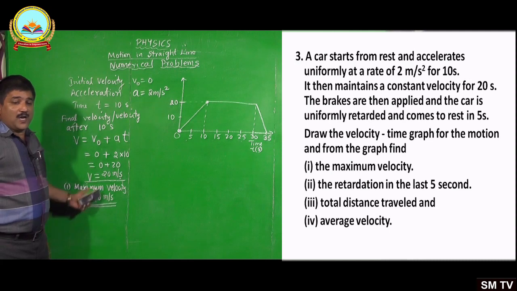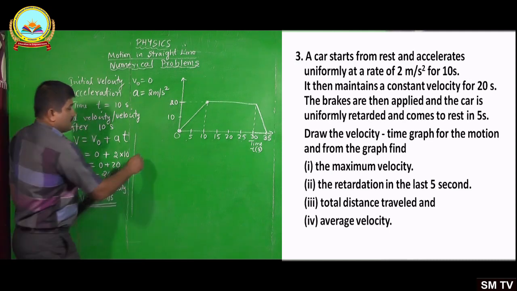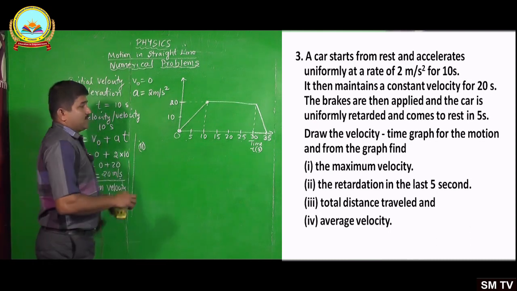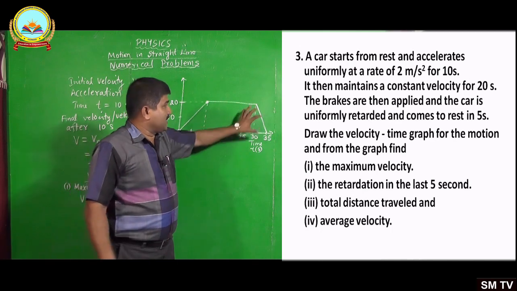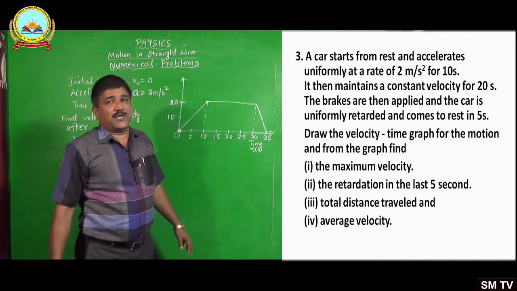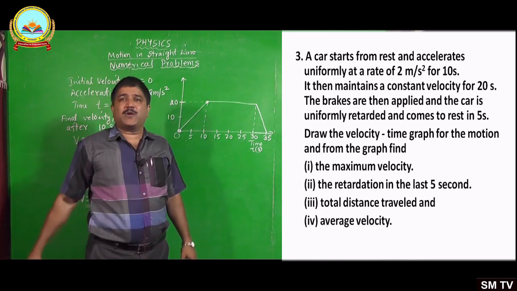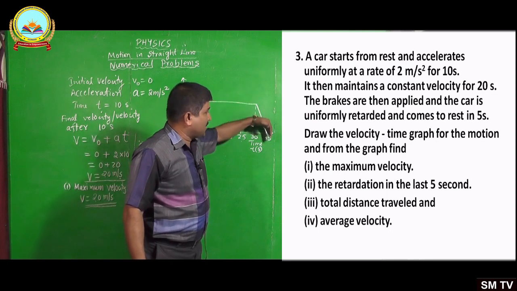Then retardation in the last 5 seconds we have to find out. Retardation, the second part calculation. From the VT graph, as we have studied in the previous sessions, we can find out the acceleration from the VT graph by finding the slope of the VT graph. Here for the last 5 seconds, the slope of this line you have to get.